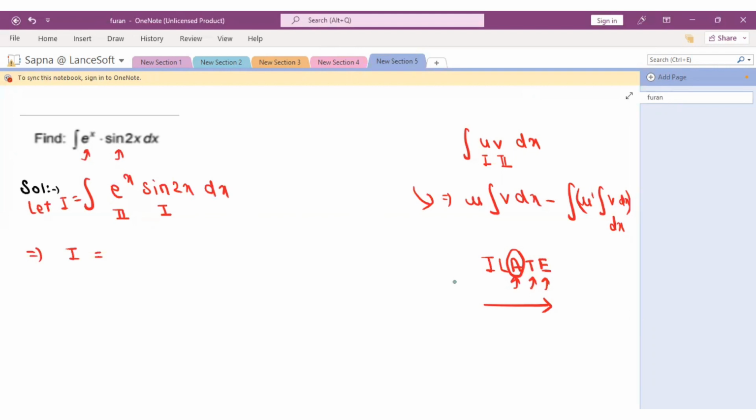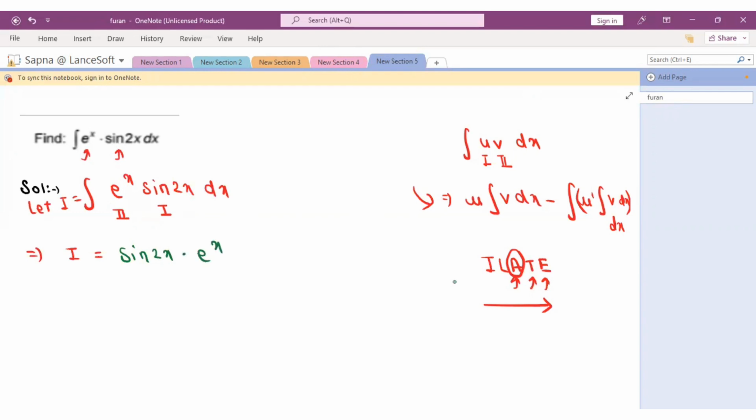Then, using the formula, the integration of the second function: the integration of e raised to x, we know that the integration of the exponential function is the same as it is, so we directly write e raised to x.